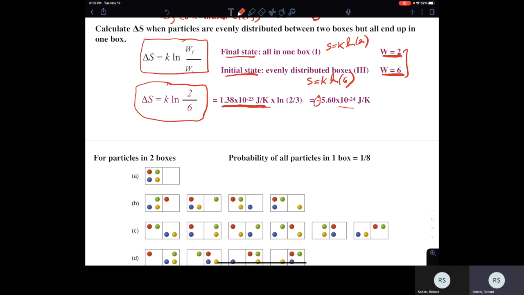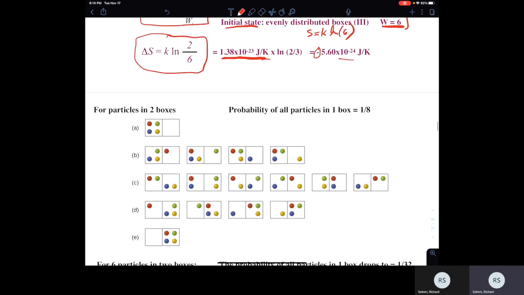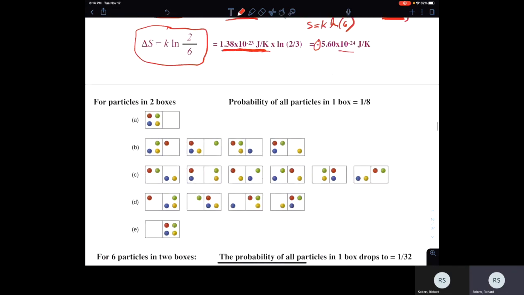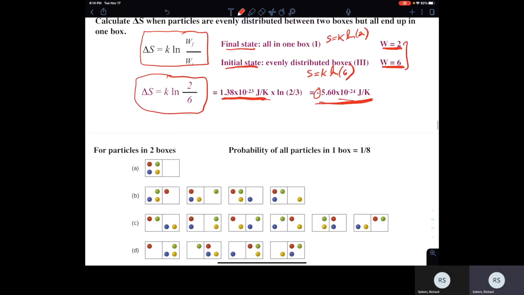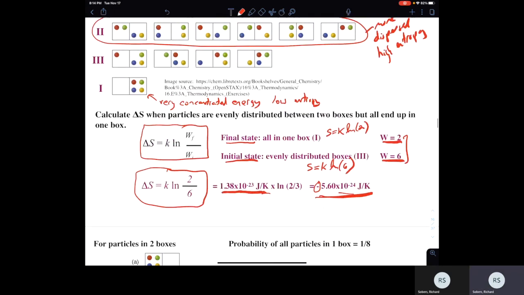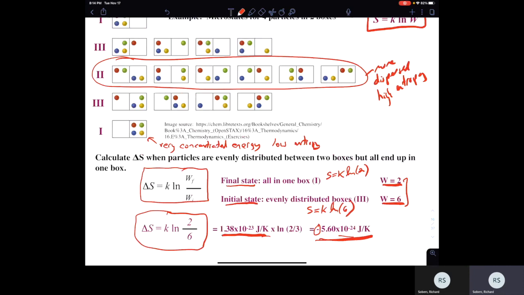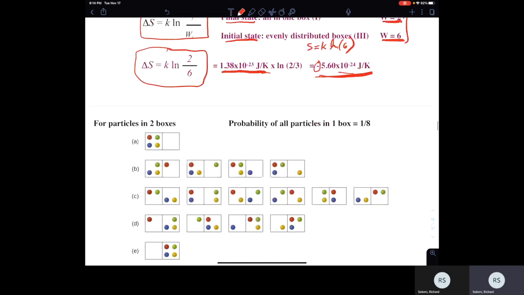If you have a mole of particles and you multiply that, you'll get a much larger number than you see there. But anyway, this is how we can get our entropy change, delta S, by considering the number of microstates that fit the description of the initial state and the final state.